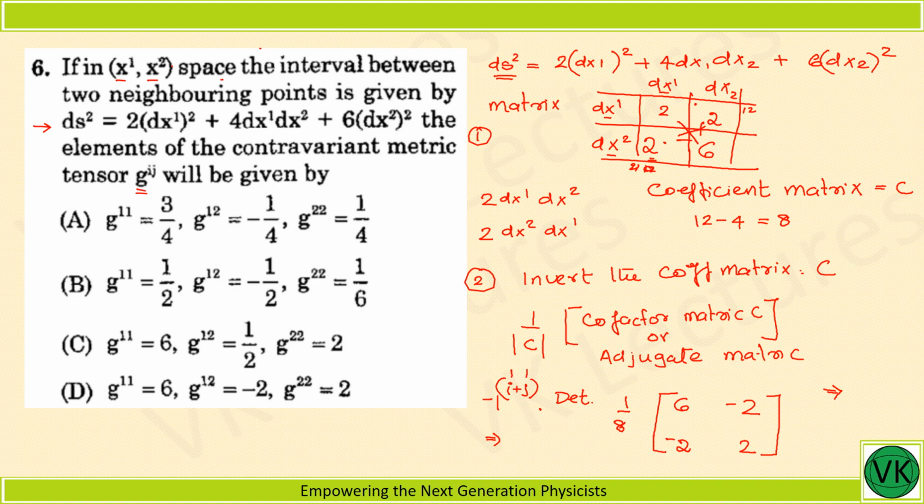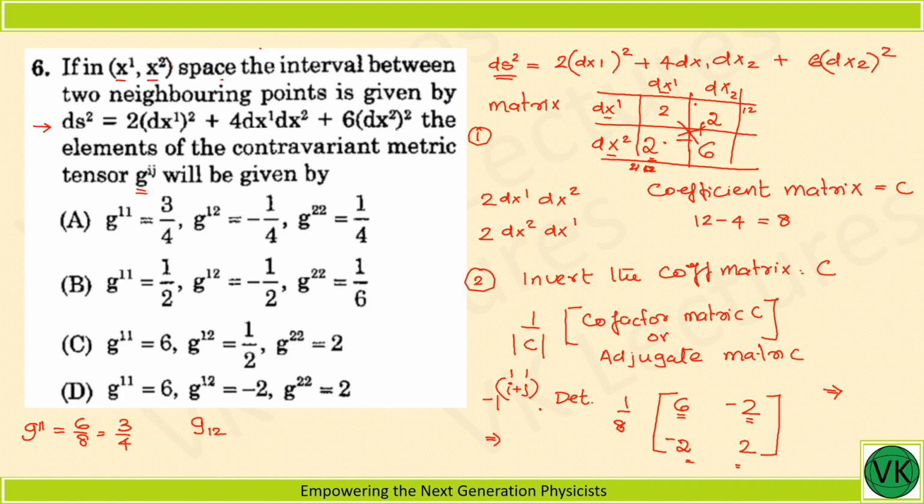Then G11 is 6 by 8, which is 3 by 4, and G12 is minus 2 by 8, which is minus 1 by 4.